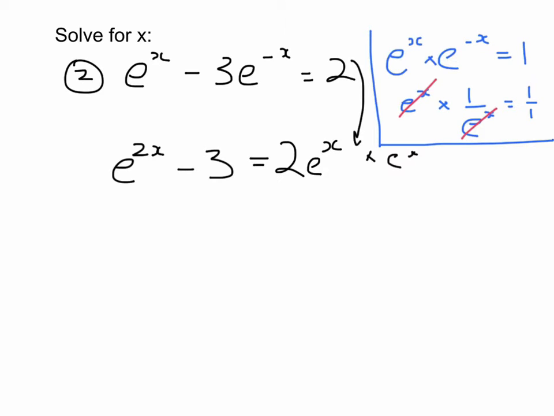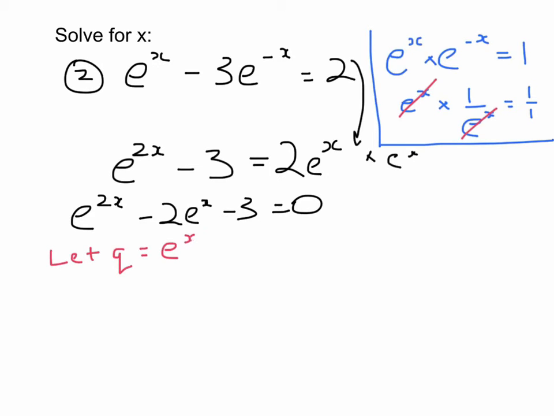Okay, then what we'll have is a quadratic. We will rearrange it so everything's on the left. e to the power of 2x minus 2 e to the x minus 3 equals 0. And here if we let q in this case equal e to the x, what you have is q squared minus 2q minus 3 equals 0.